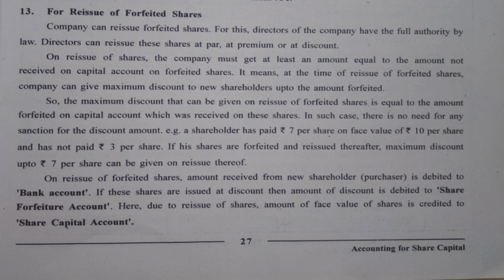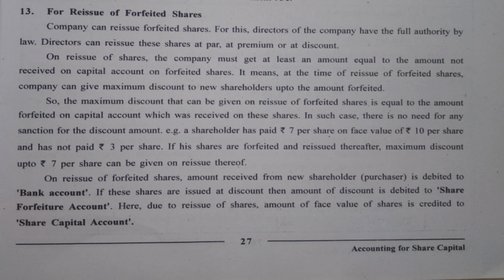So the amount that the company will receive from Himali will be debited to bank account. If these shares are issued at discount, then the amount of discount is debited to share forfeiture account. If I'll be offering any discount to Miss Himali, then it will be debited to share forfeiture account.